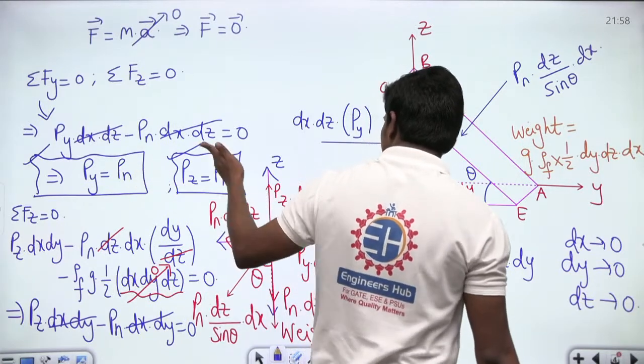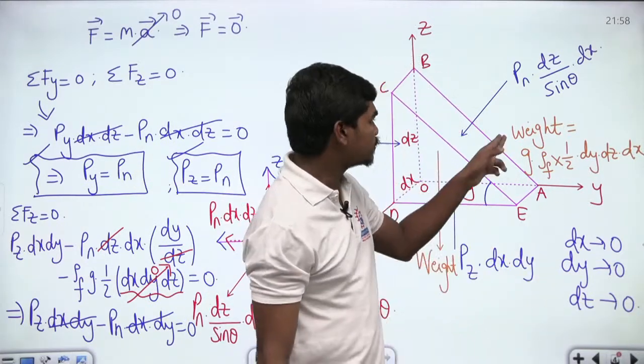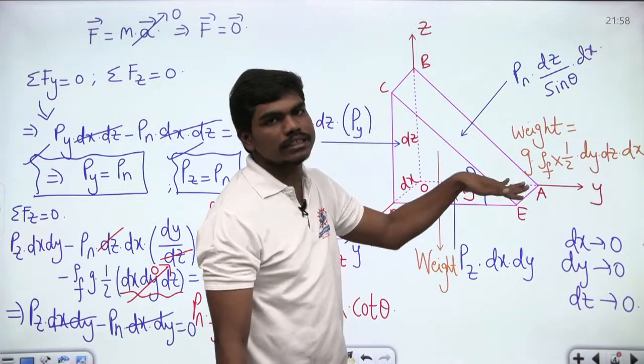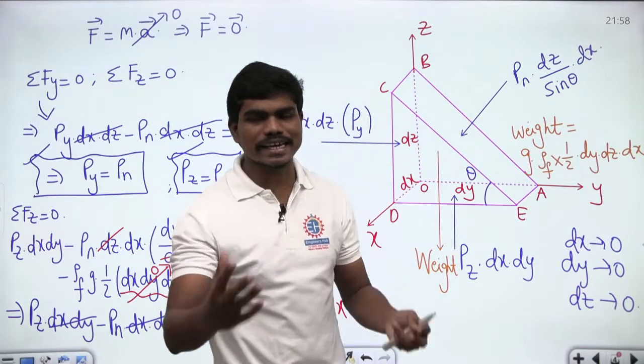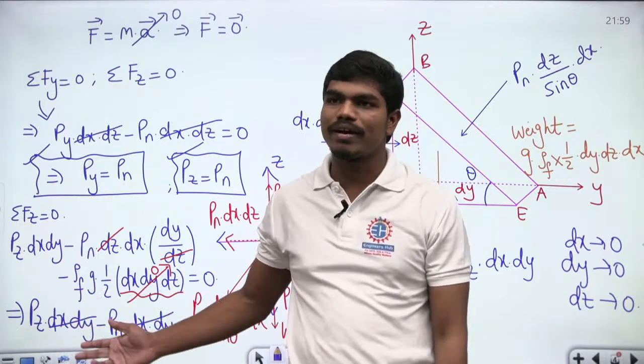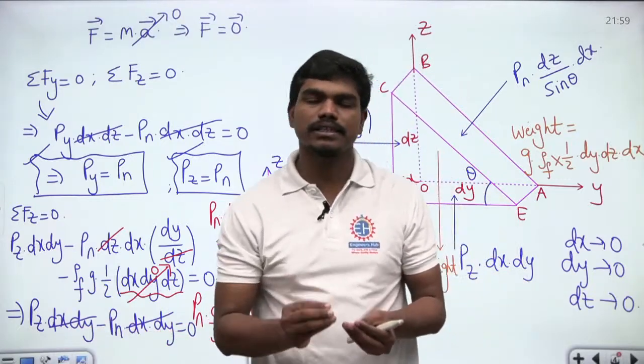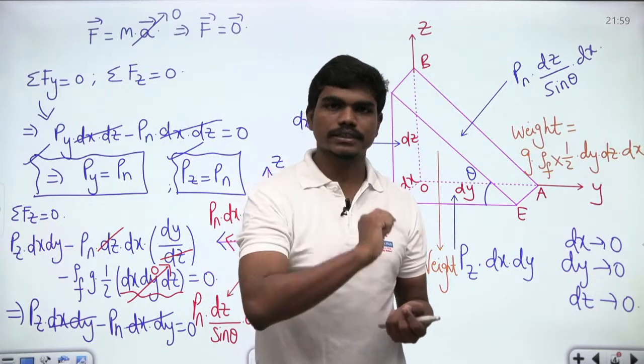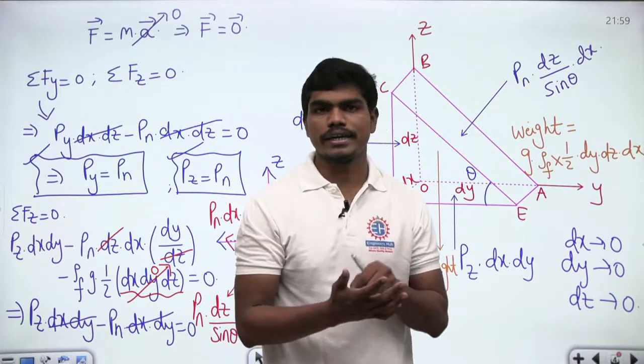Pn is defined on a plane at some arbitrary inclination, so whatever the inclination you take, Pn equals Pz equals Py, which means for any arbitrary direction, the pressure is the same at a particular point in a static fluid.